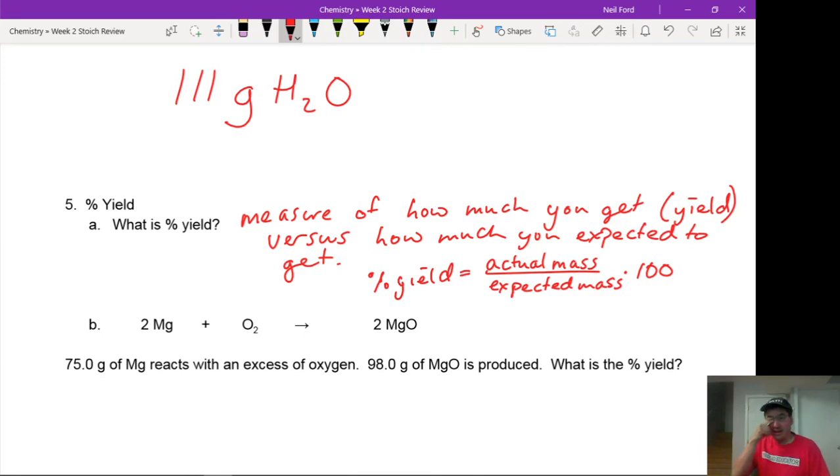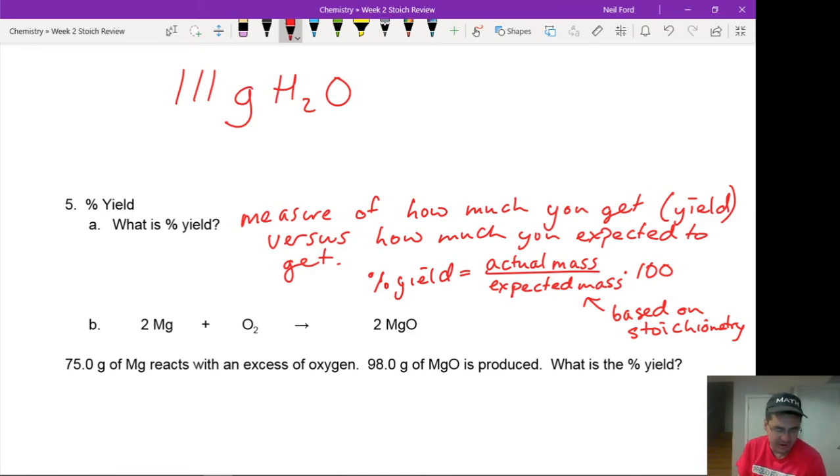Okay, and it's always that. So expected always goes on the bottom, and the expected mass is usually based on stoichiometry. So what you calculate is your expected amount, and then what you get in the lab, that's your actual mass. Okay, so here you go.